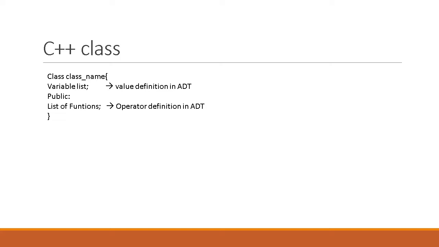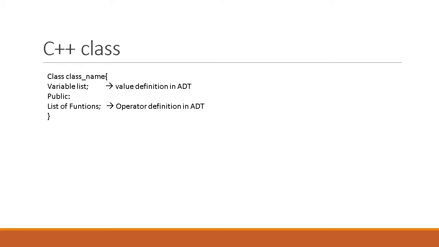So an ADT can be shown as a class definition. In the class I have the variable list which I am storing, and member functions where we give the prototype of the function. That is nothing but the operator definition.